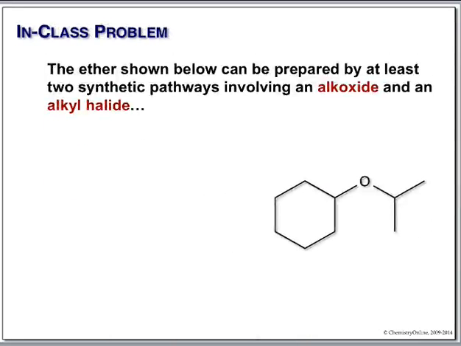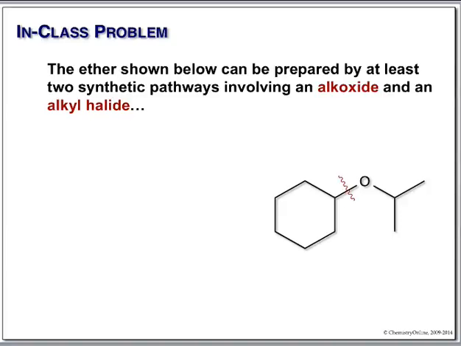Therefore, what you have to do in a case like this is say, fine, I'm going to split my oxygen-carbon bond at one of the sides. Doesn't matter which one. We'll do this one first. And we say, what do we need in order to make this by an SN2 reaction? Well, the alkoxide has to be everything on this side, isn't it?